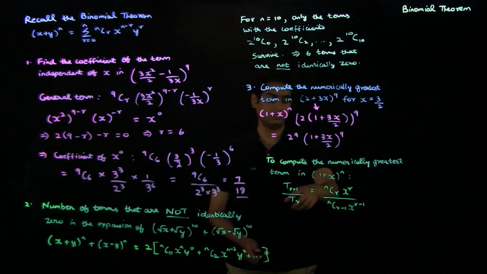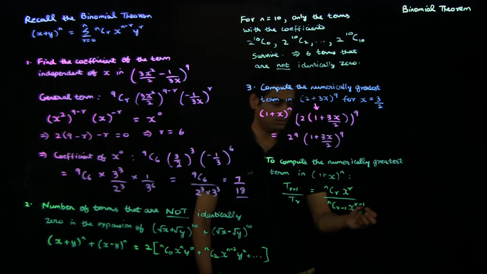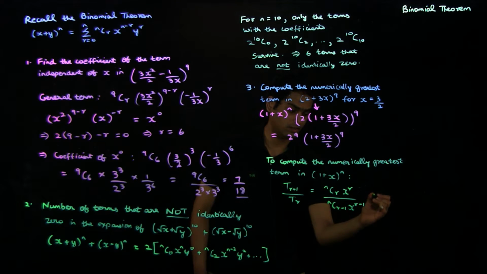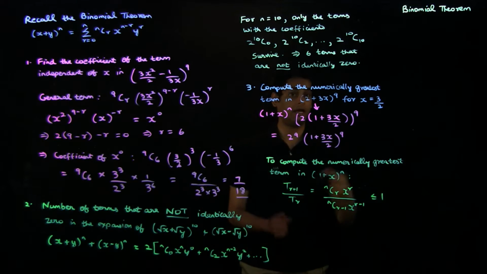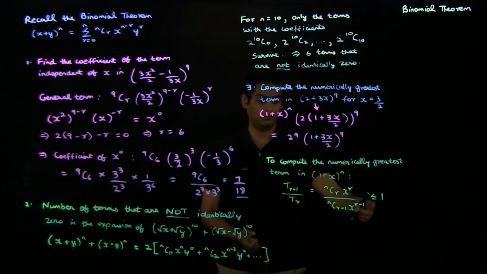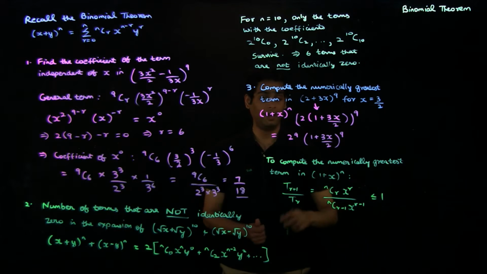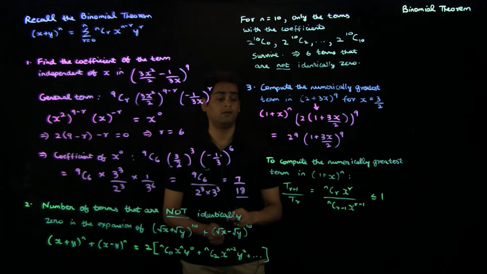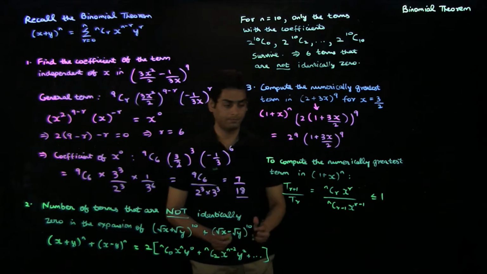So you just find the ratio of these two terms and you suppose that this ratio is less than or equal to 1. So you find the r for which this ratio becomes less than or equal to 1, and that r gives you an indication of the numerically greatest term in the sequence.